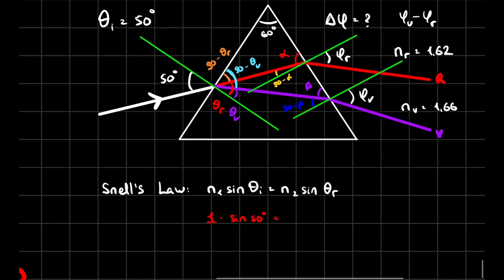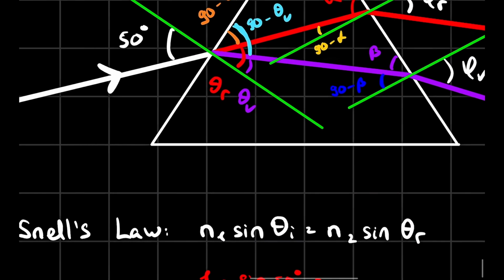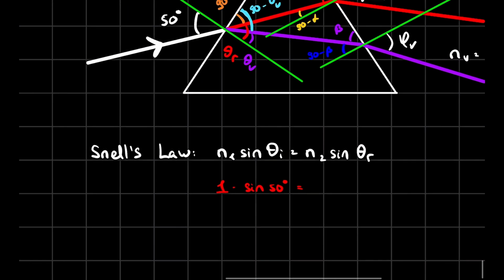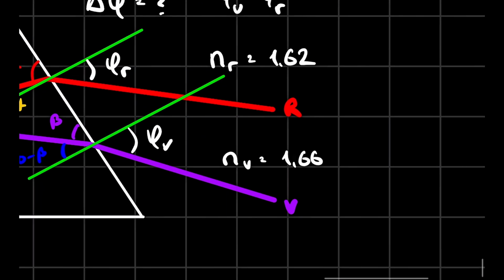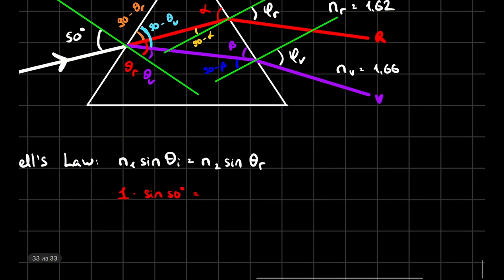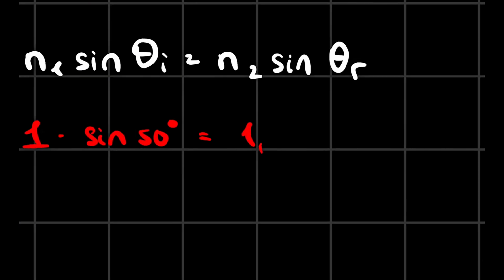n2 would be my index of refraction for the red in the glass and for the violet in the glass, yeah? It's right here and right here. For the red, it's 1.62, yeah? We're working with red. This thing would be 1.62, and theta r is what we are searching for, sine theta r.